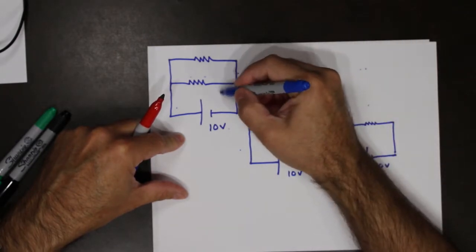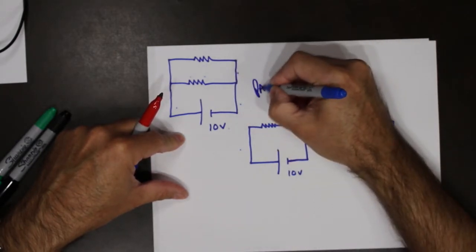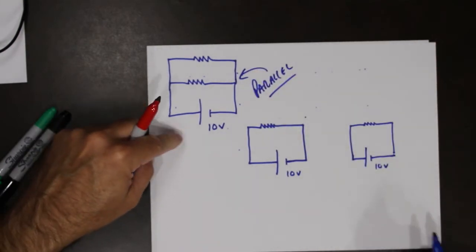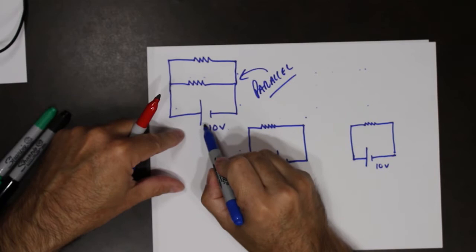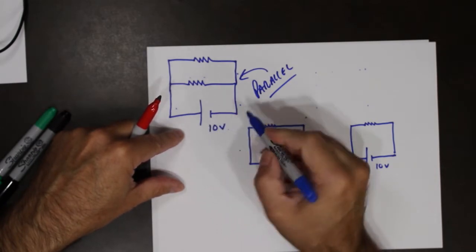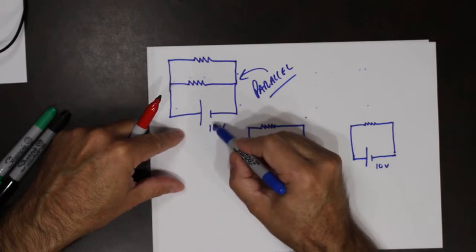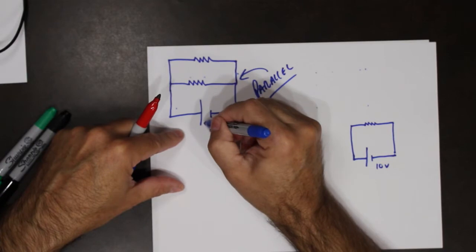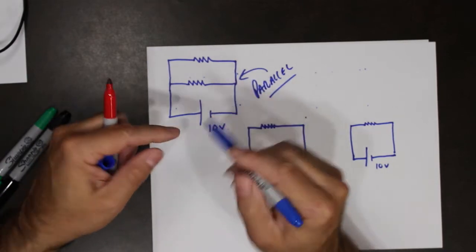So, in order for it to be in parallel, they share the same voltage supply. Okay? So that means that the value is the same, but the actual place where the voltage is coming from is the same.